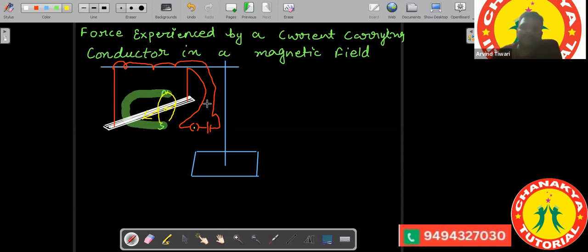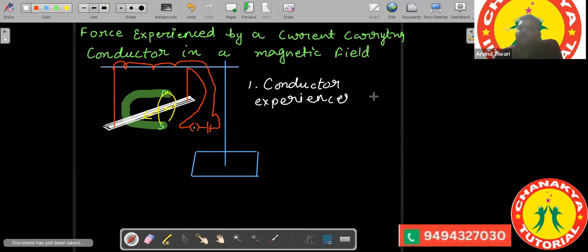Now the key points. First one, a conductor experiences a force when there is current in the coil.